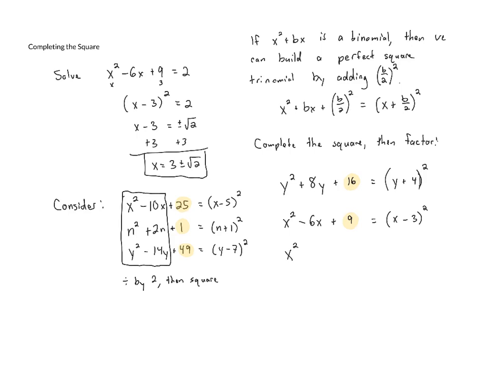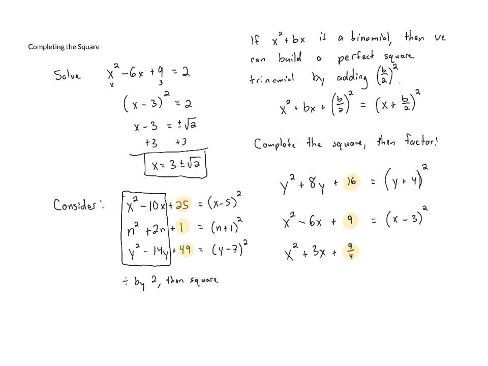Let's look at x squared plus 3x. Again, we're looking to see what we can add to turn this into a perfect square trinomial. To figure that out, we need to take the coefficient on the x, divide by 2, and square it. 3 divided by 2 is 3 halves, a fraction now, and if we square that, we need to multiply it by itself. 3 halves times 3 halves is 9 fourths.